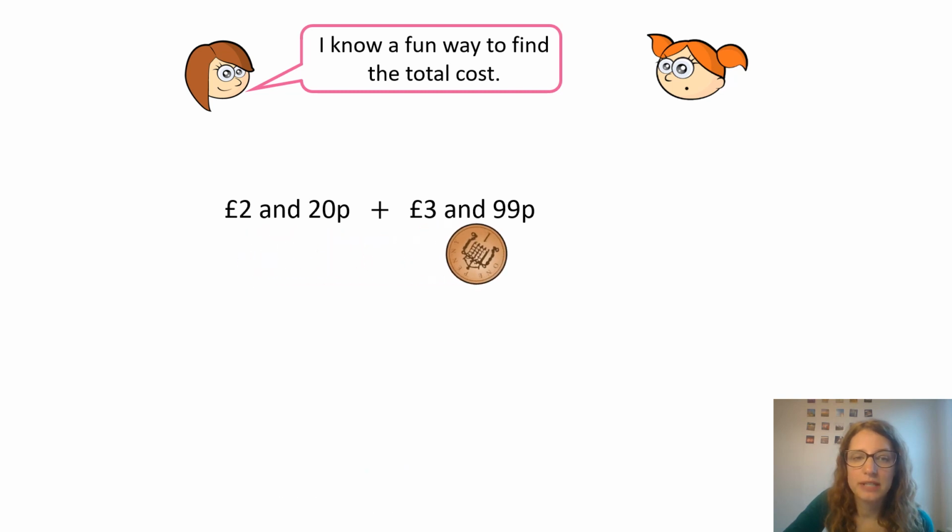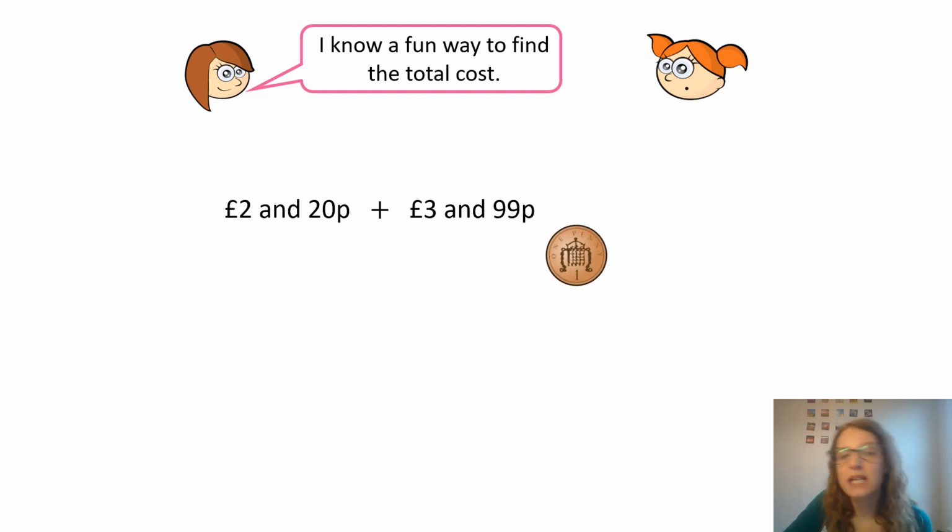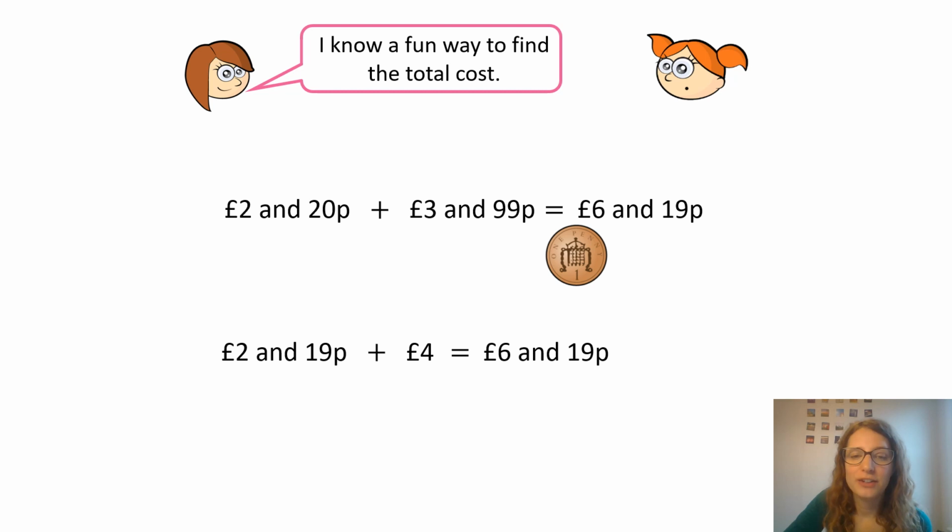I'm going to take a penny from £2.20 and roll it over to the £3.99. That becomes £4 now. That amount is a lot easier to add together than £3.99 and £2.20. The penny has been taken away from the £2.20, so that's now £2.19. Add the £4, add those together, and your total is £6.19.